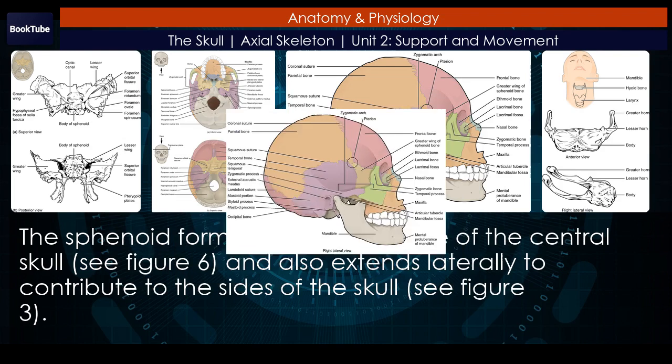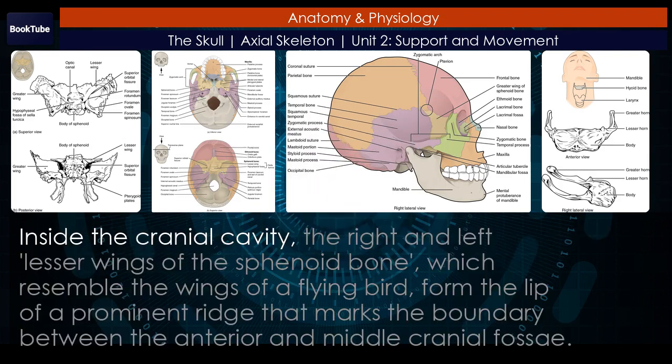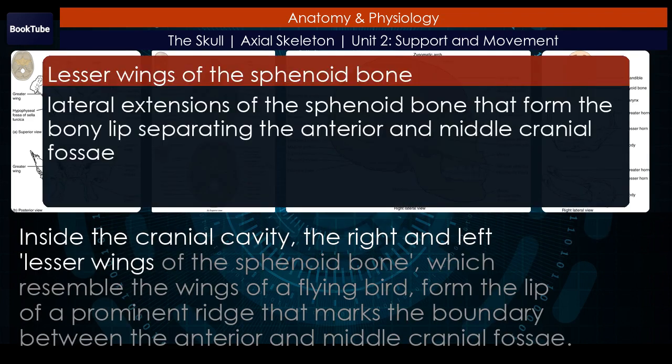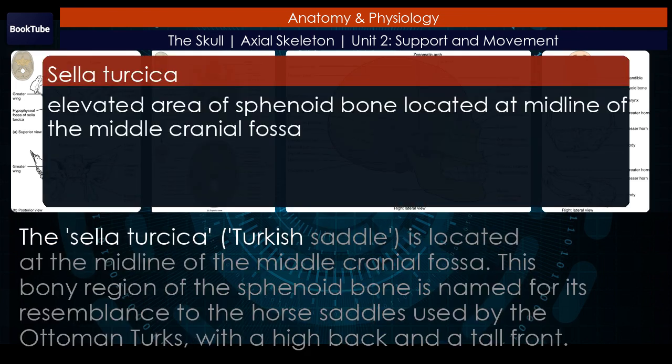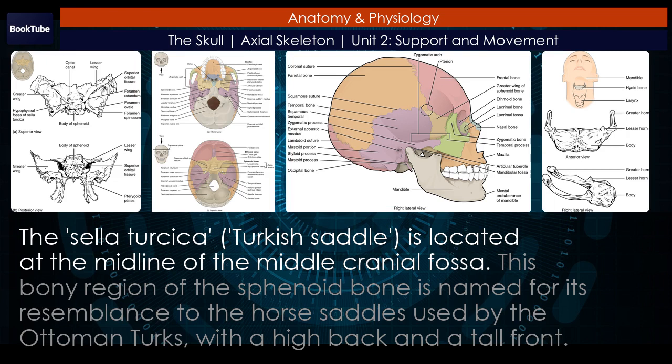See Figure 3. Inside the cranial cavity, the right and left lesser wings of the sphenoid bone, which resemble the wings of a flying bird, form the lip of a prominent ridge that marks the boundary between the anterior and middle cranial fossae. The sella turcica, Turkish saddle, is located at the midline of the middle cranial fossa.